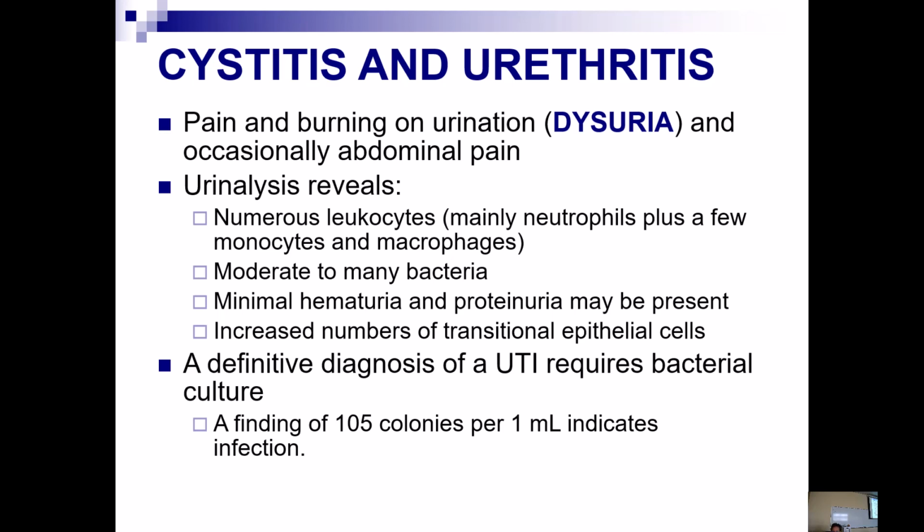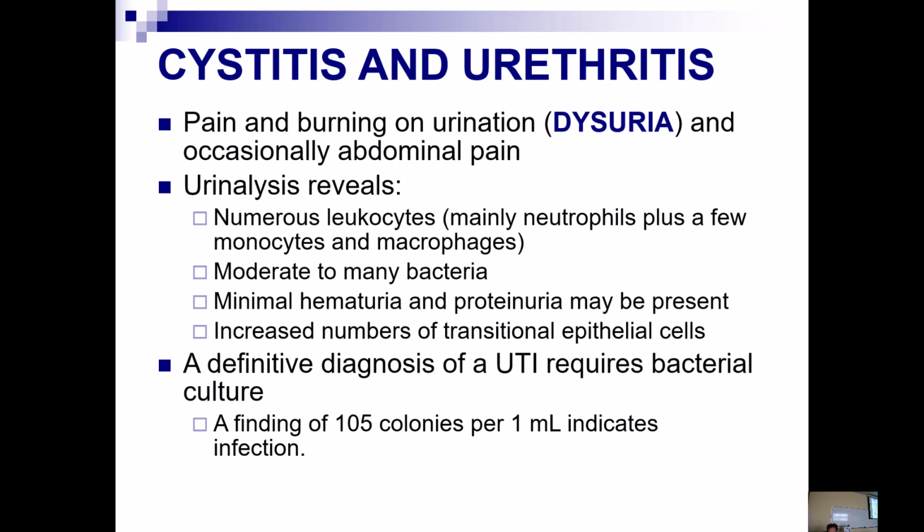So with cystitis and urethritis, we're going to have pain and burning on urination and dysuria, which is uncomfortable urination. Occasionally, you're going to have some abdominal pain, but not often. Lower urinary tract infections do not commonly have abdominal pain. When we do urinalysis, we're going to see a lot of leukocytes, mostly neutrophils, and moderate to many bacteria.